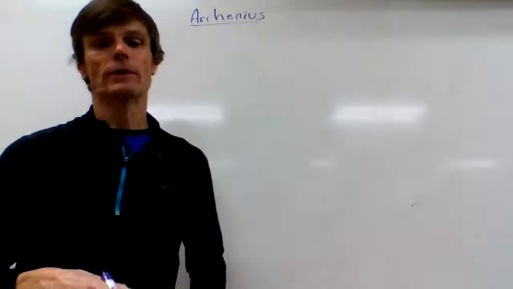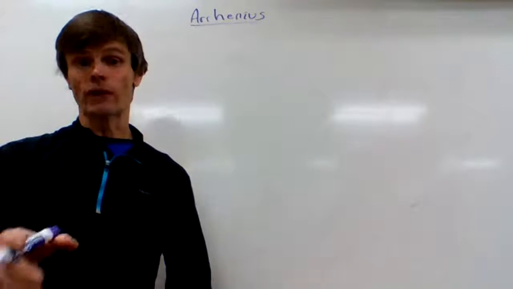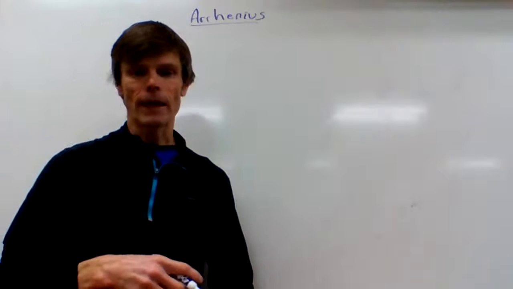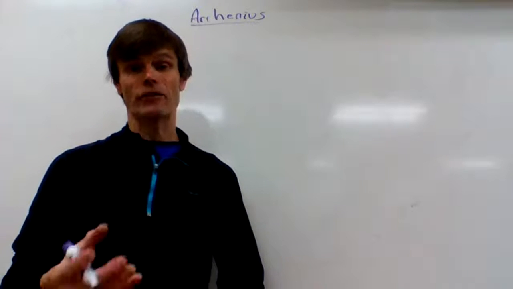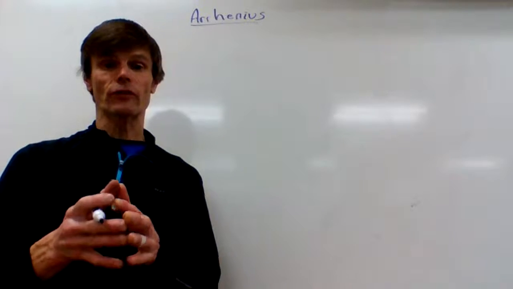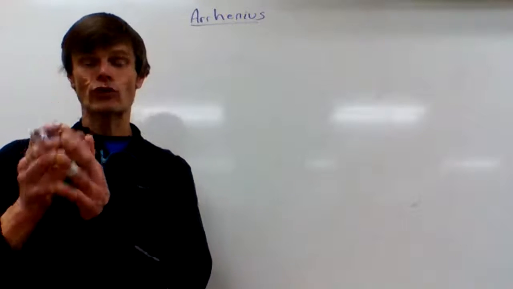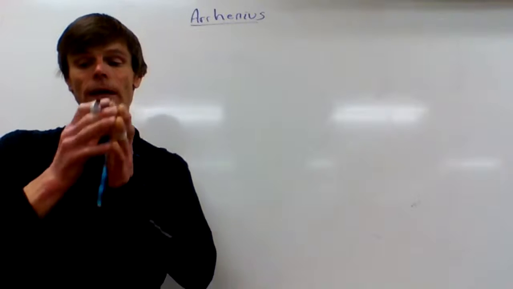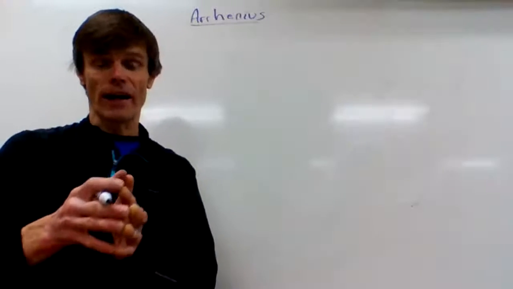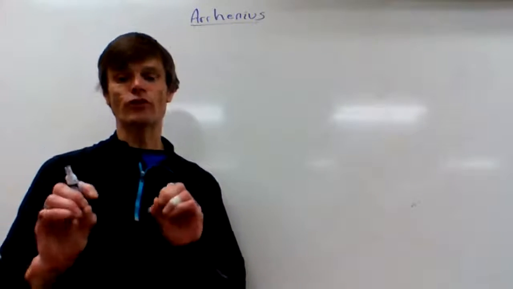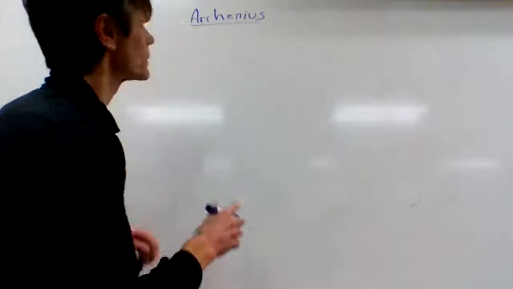Arrhenius, a real important guy, Swedish chemist, physicist, gave us a definition for an acid or base, and what he focused on was the ability of a substance to give up hydrogen ions or increase the amount of hydroxide ions in water. So let's look at the Arrhenius definition.